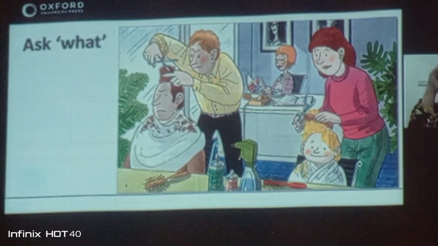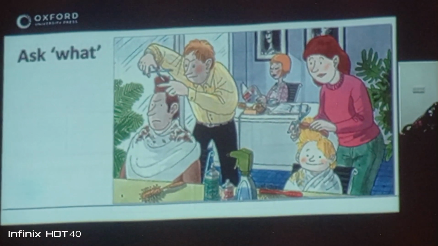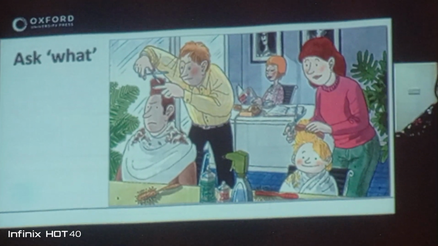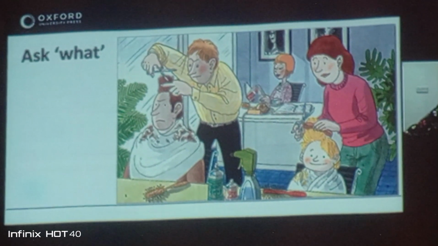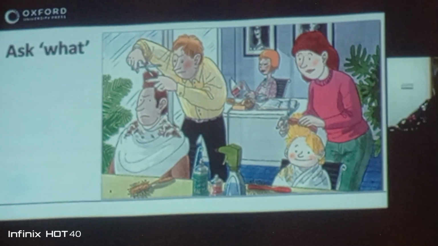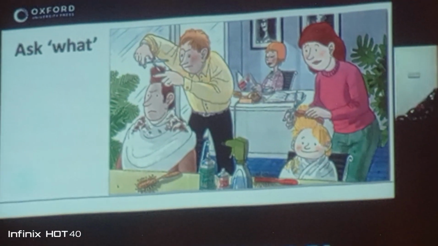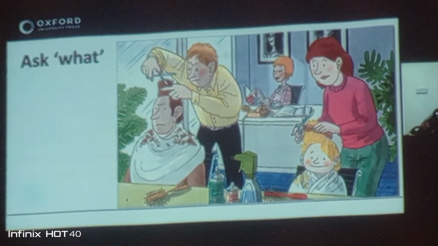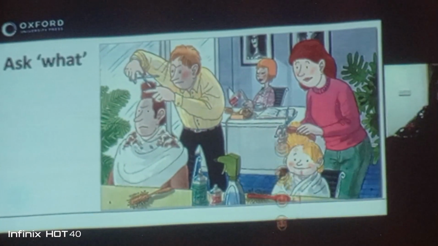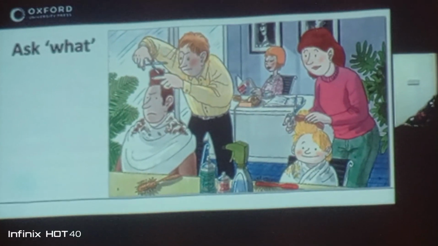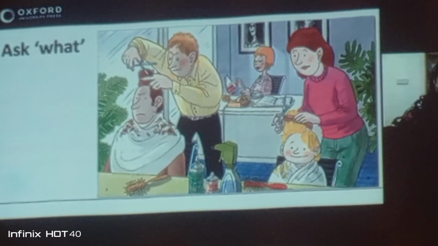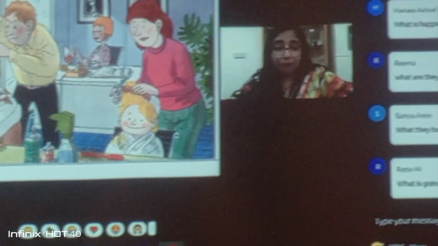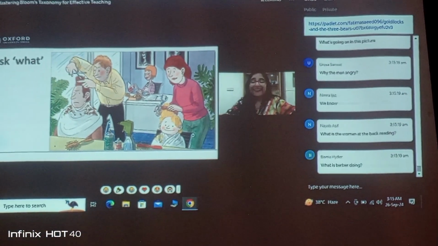Many of the teachers who know me and many of the teachers who have met me physically, face to face, would know this picture too, because this is one of my very favorite pictures. So I'd like you all to tell me, give me one question from what on this picture. Can you all give me one what on this picture? इस picture के ऊपर पश्मीन, Ramsha, Fatima, Iffat, that's great.